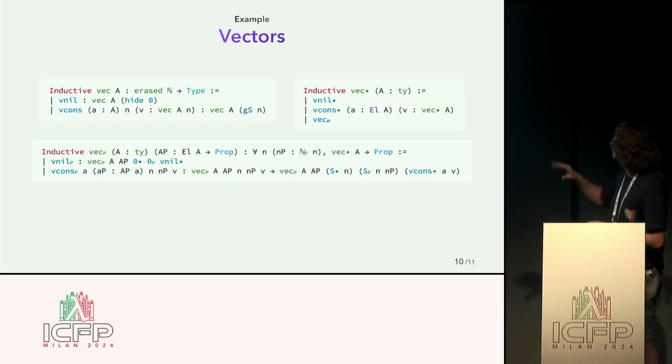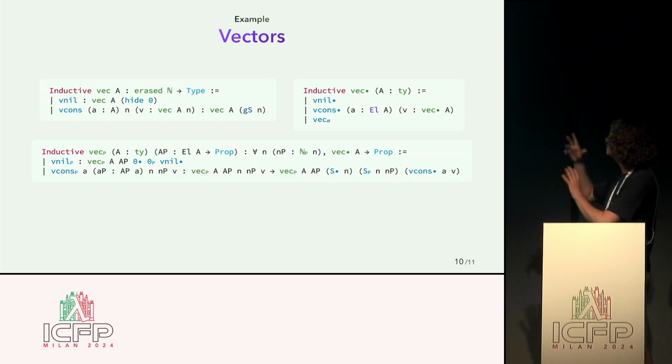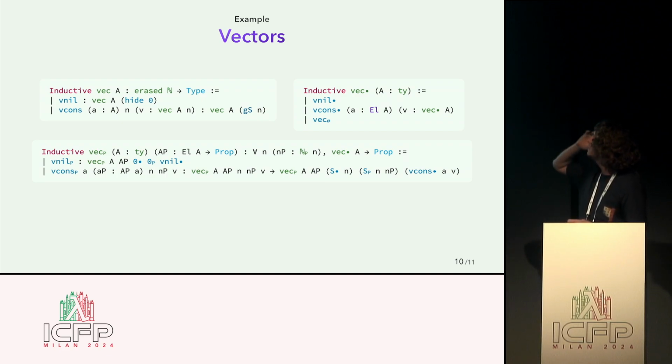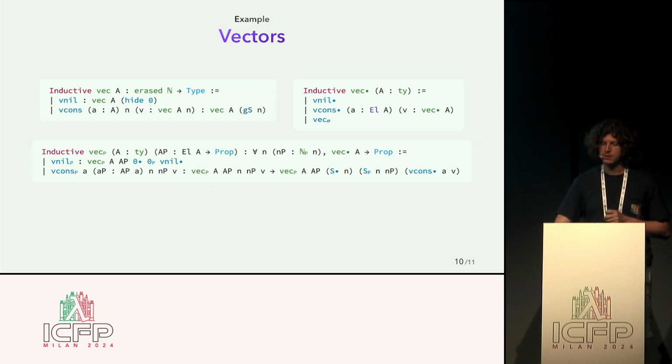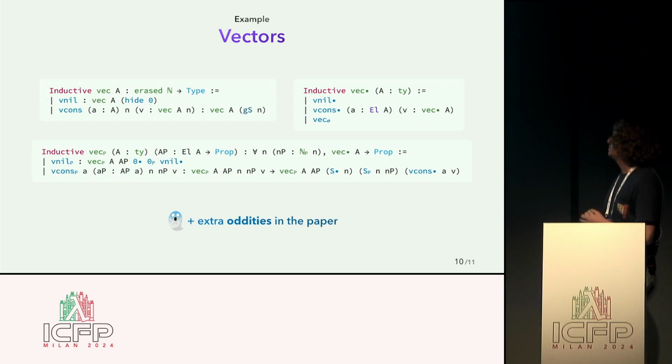So here it's maybe mixed within, so you don't actually see it, but essentially you have this thing that says that nil is a good vector if it has length 0, and cons is a good vector if it has length successor of n, well, exceptional successor of n. You have more oddities in the paper, so I encourage you to look or not to look, depending on what your plan is.